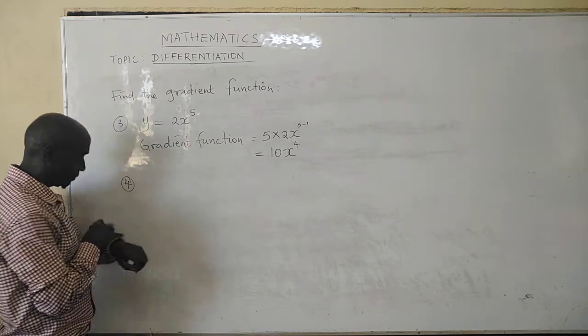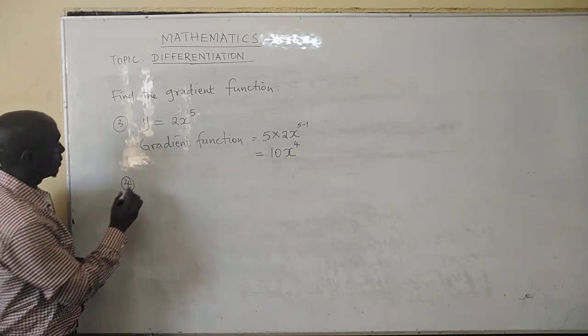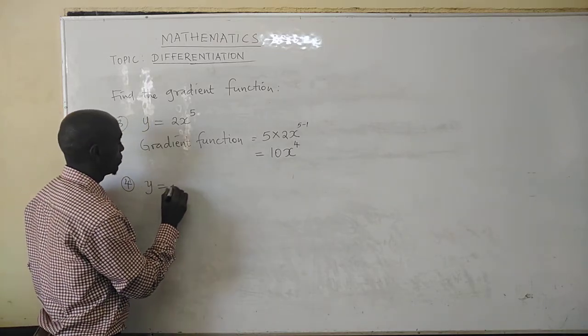Another example. Y is equal to negative a half x raised to power 4. We have a fraction now. What is the gradient function?